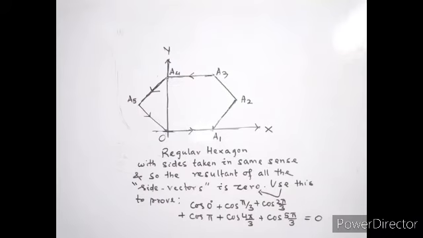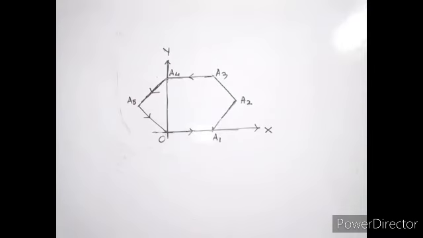Now this is mathematically quite clear with the values of the angles given, but we need to use the case where the resultant of all the side vectors is 0, and from that we need to prove it.